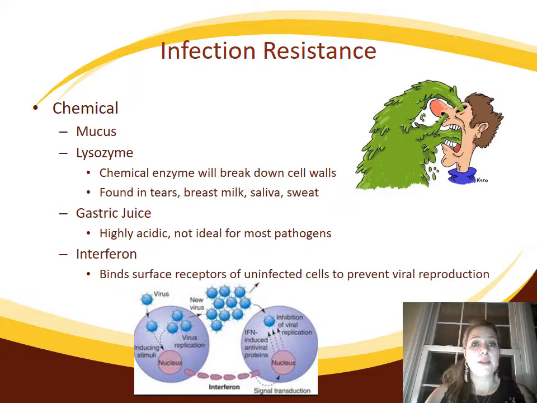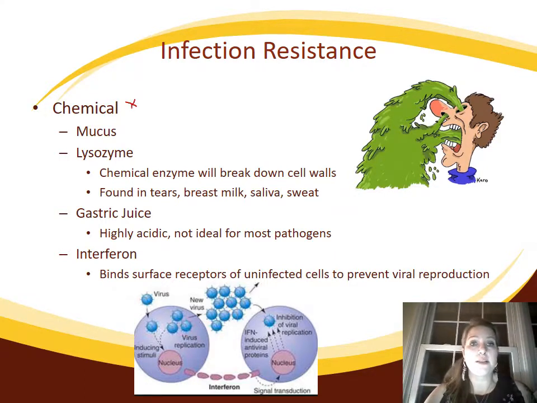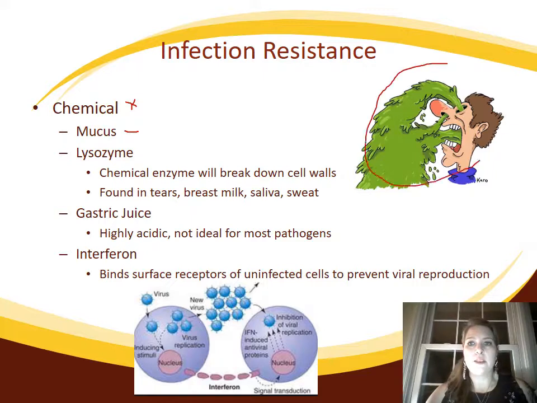Your body also has a way of producing chemicals that will fight infections. All right, these chemicals work in various different ways. First of all, we produce mucus, like this dude over here.